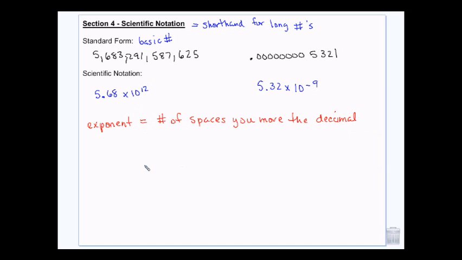So if we look at this first example, if there is no decimal, the decimal's right here.